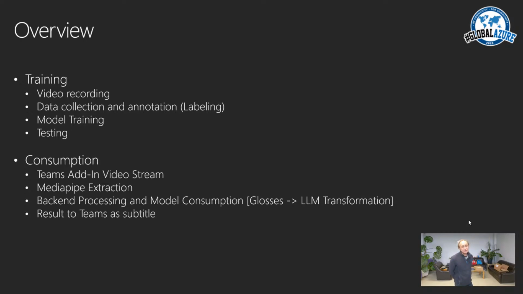The consumption part is a Teams add-in we're using, which collects the video stream in Teams, does some MediaPipe extraction there, and then processes the points that MediaPipe has detected into a backend model.